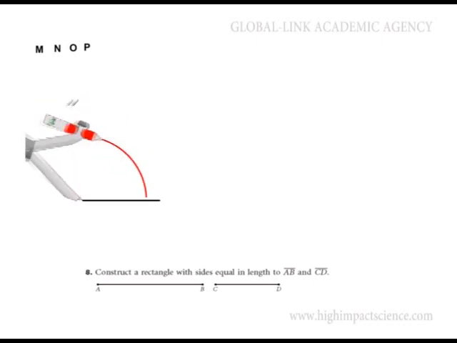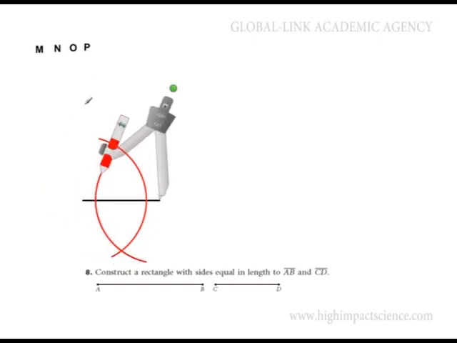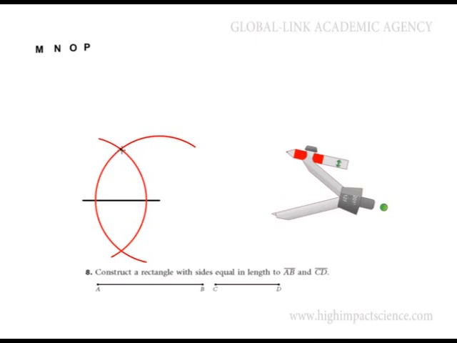So arc and another arc, and then the line, the perpendicular bisector, and we should be having an angle of 90 degrees. The length should be equal to AB.